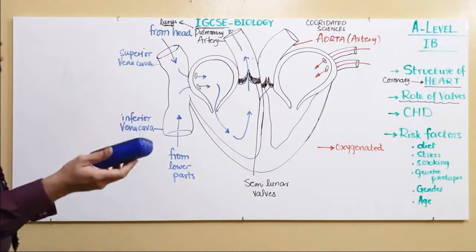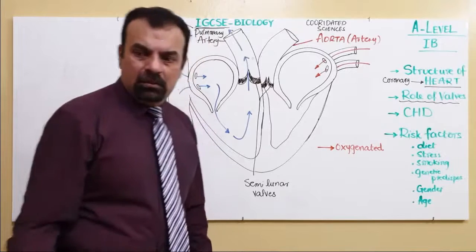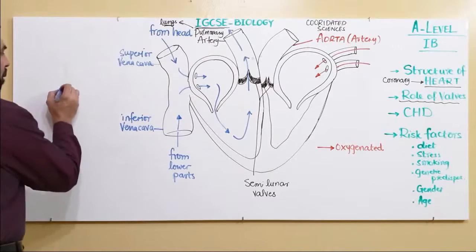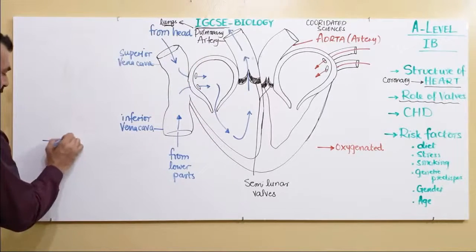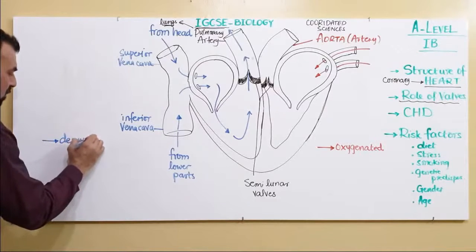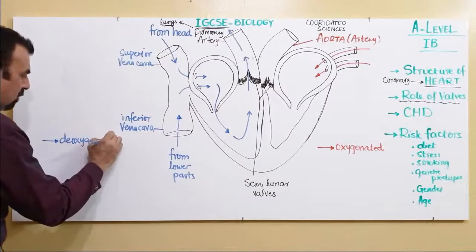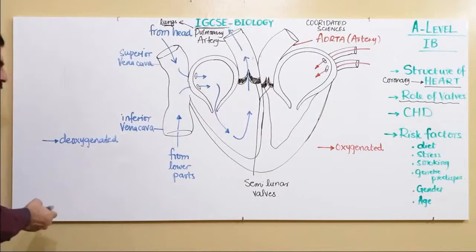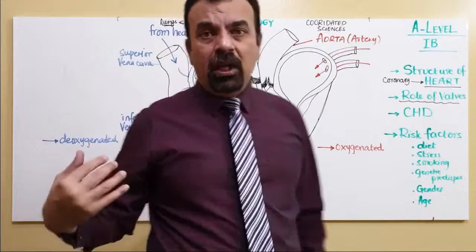So I have a deoxygenated eraser. Okay, so blue means deoxygenated. Deoxygenated blood is shown in blue color, oxygenated blood is shown in red color.